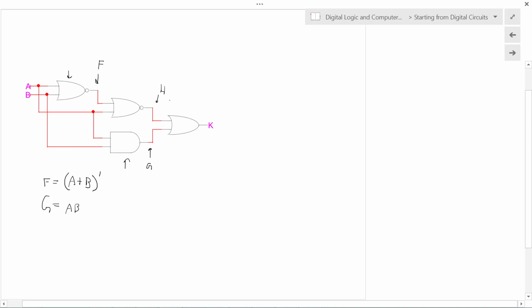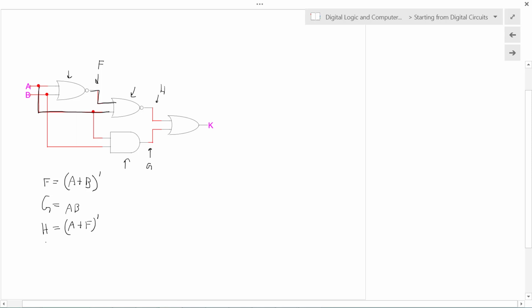Now we have here a NOR operation. We have F NORed with A. H equals A NORed with F here, (A or F) prime.